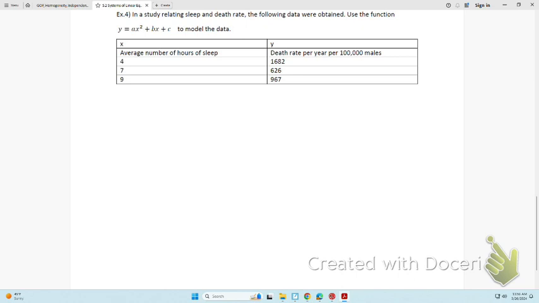This is a very backwards problem, and they suspect that it has a quadratic relationship. So we're going to work almost inside out because our variables are going to be A, B, and C. We don't know what the prediction equation is, but we can create it using X and Y data.